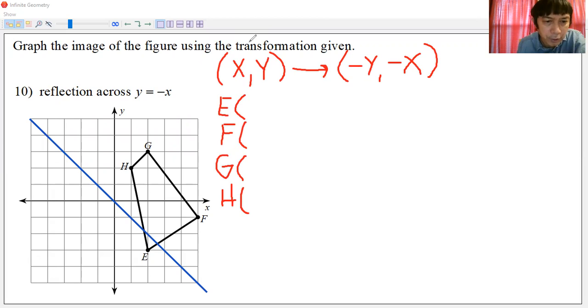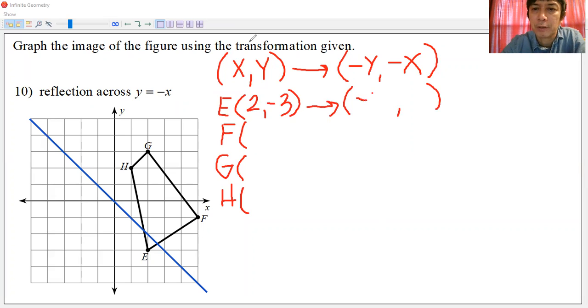Okay, our first point E is (2, negative 3). All right. Now let's convert that right away. Interchanging x and y, this will become negative 3, and this will become 2.